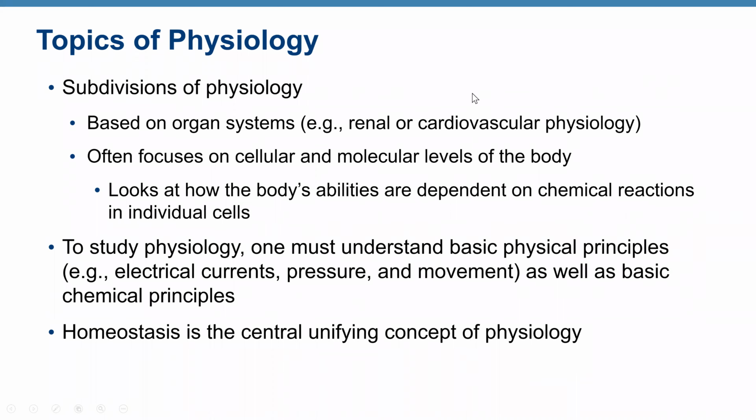Subdivisions of physiology are based on organ systems, for example, renal physiology or cardiovascular physiology. Physiology often focuses on cellular and molecular levels of the body, looking at how the body's abilities are dependent on chemical reactions of individual cells. That means that the physiology of the entire organism and of a particular body system depends on the function of individual cells.